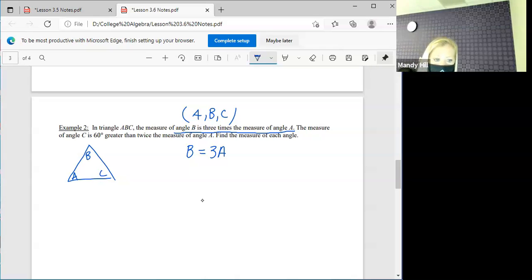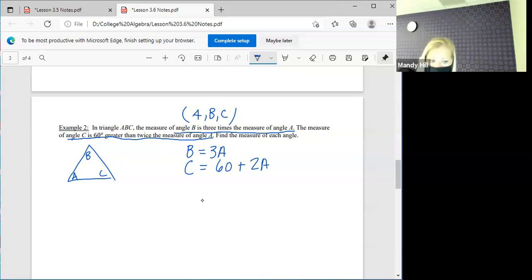Okay. The measure of angle C is 60 degrees greater than twice the measure of angle A. So here we got C is 60 degrees greater than twice the measure of angle A. The key with these, if you've got 3 variables, you're supposed to have 3 equations. So we need another equation.